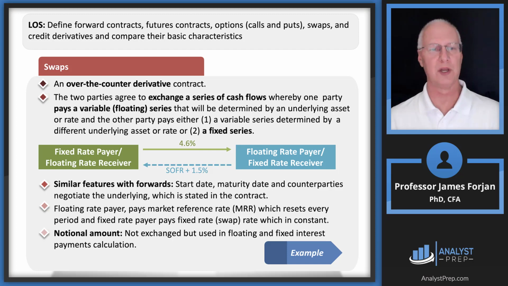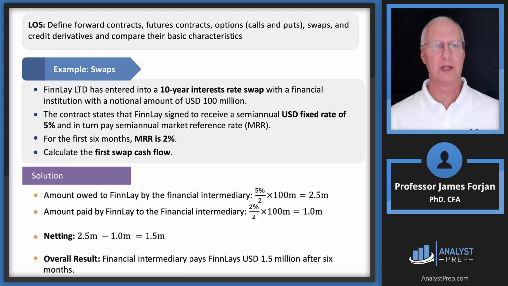Let's take a look at a simple example of a swap contract where we're Findlay, we're going to enter a 10-year interest rate swap for a notional amount of 100 million US dollars. So what we're going to do is we're agreeing to receive a fixed rate of 5%, and we're going to pay the market reference rate.